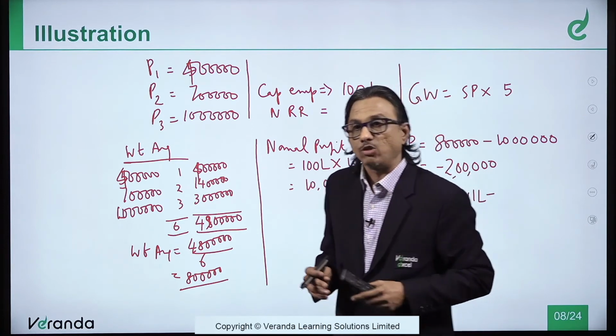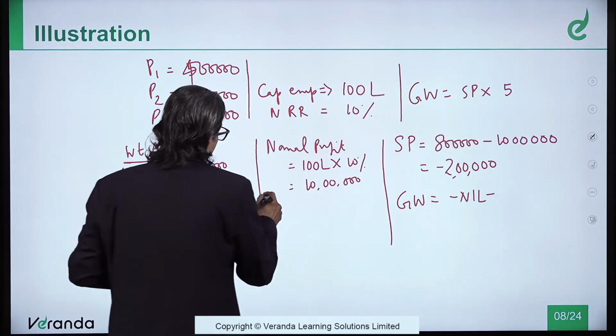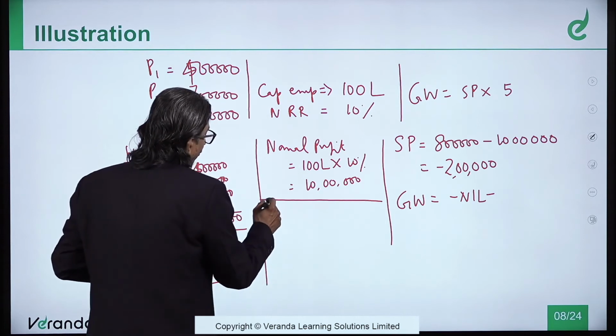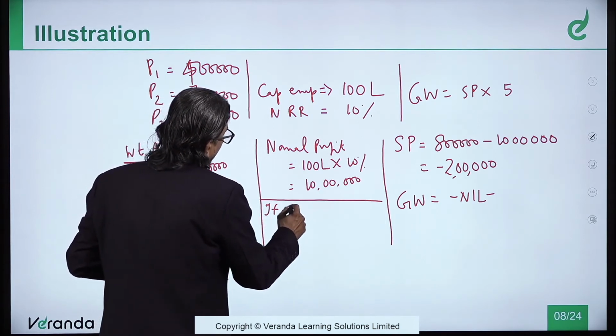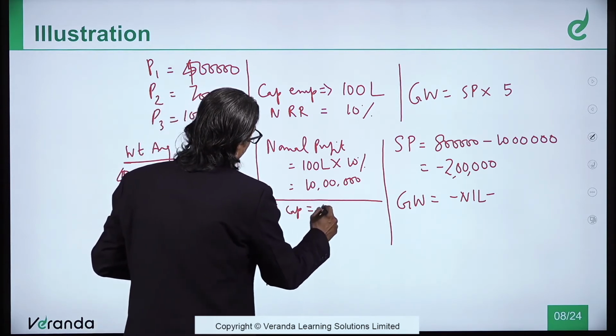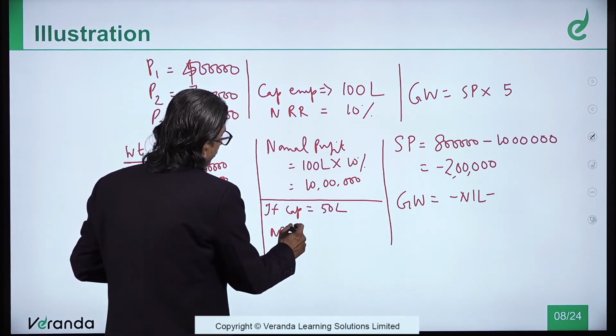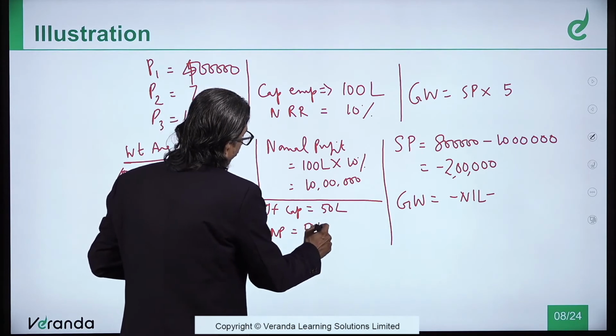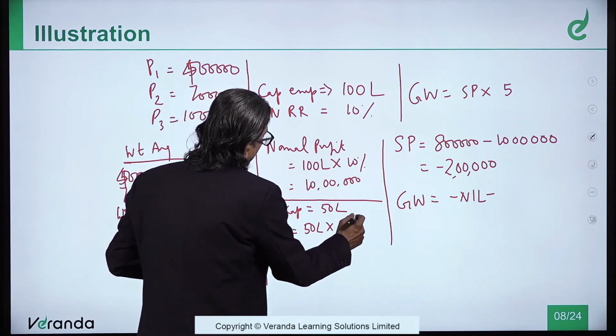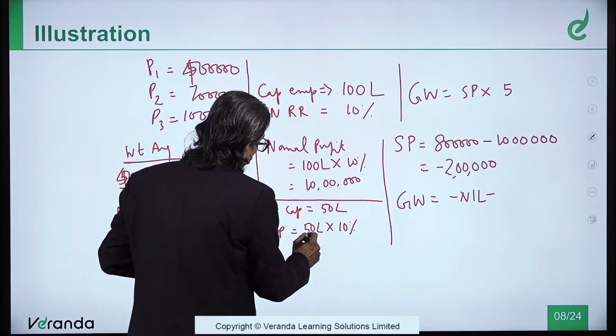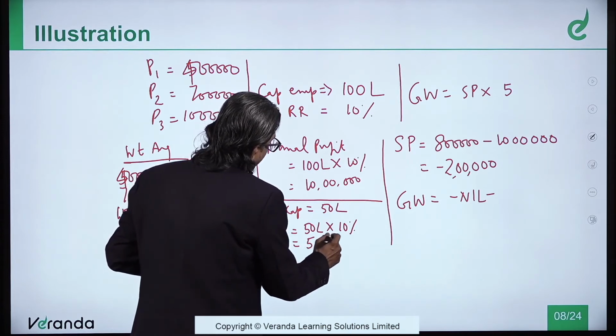Let us see what is the super profit. If capital is equal to 50 lakhs, then what is normal profit? Normal profit is 50 lakhs into 10%, that is equal to rupees 5 lakhs.